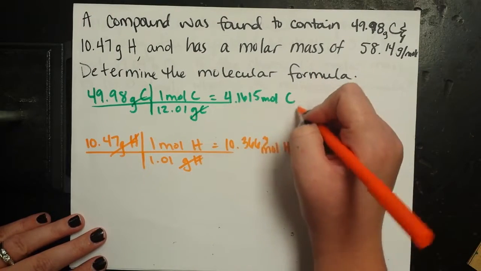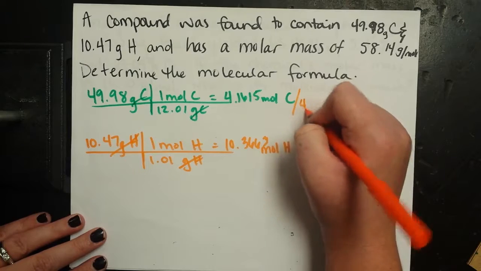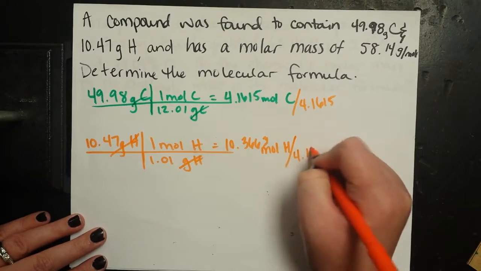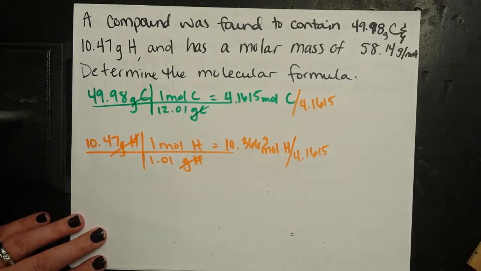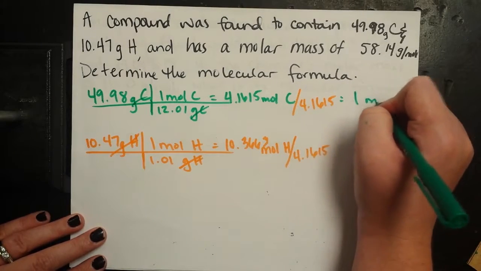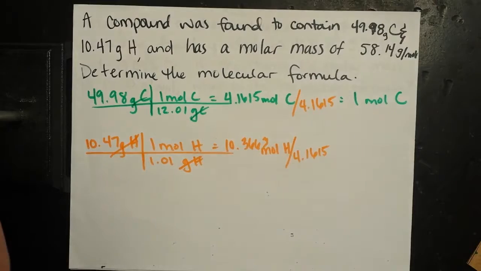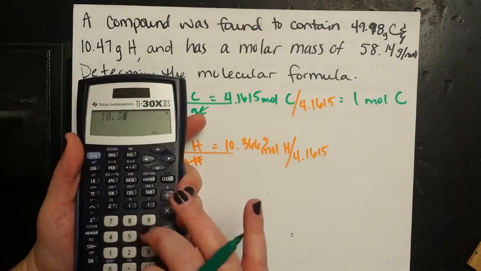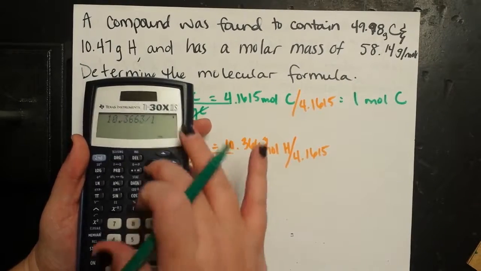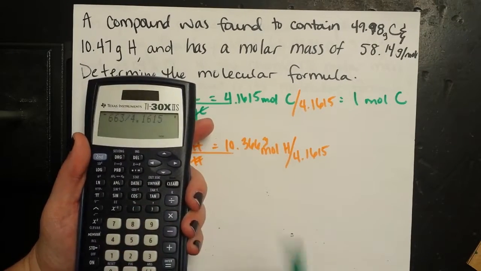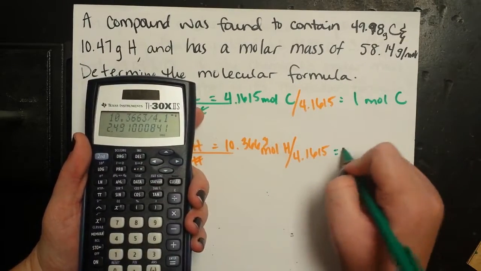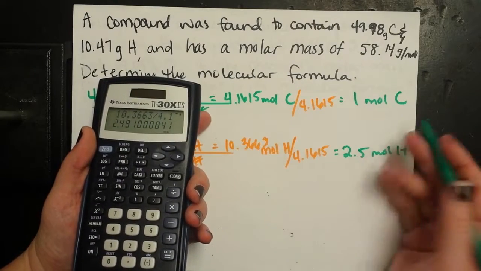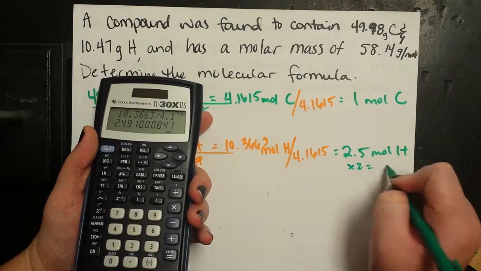So 4.1615 is the least number of moles. This is going to give me 1 mole of carbon. For this, I'm going to have 10.3663 divided by 4.1615 and get 2.5. Remember, if I end up with a half number, I need to multiply everything by 2.